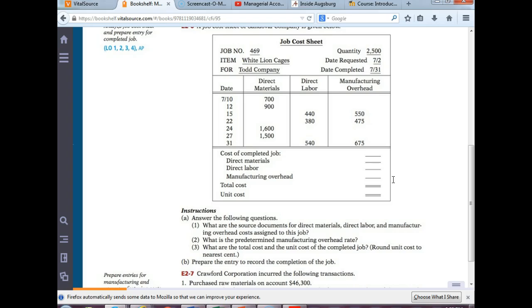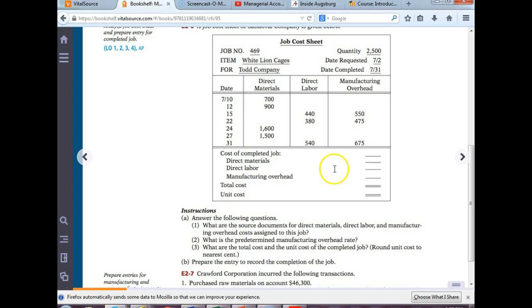How many units did we make? 2,500. So 7,760 divided by 2,500 is what? $3.10 a unit. Then it asks us, prepare the entry to record the completion of the job.